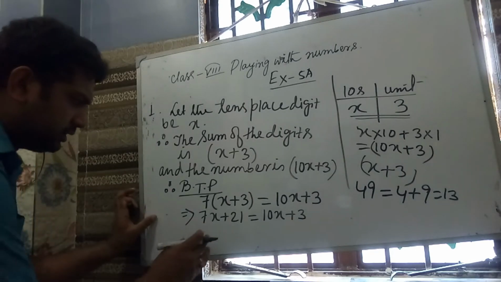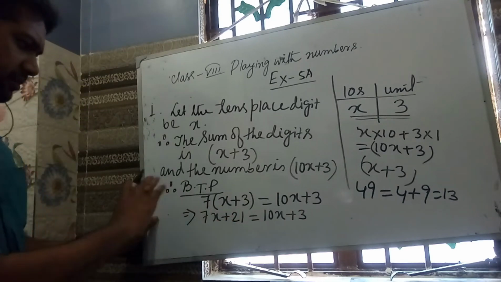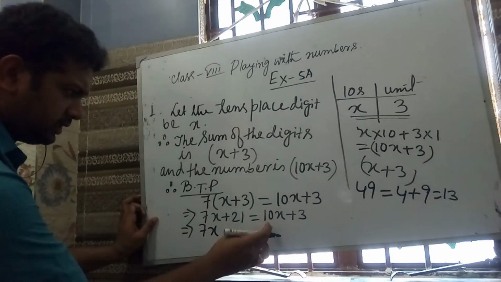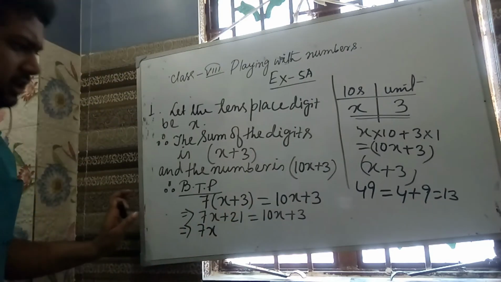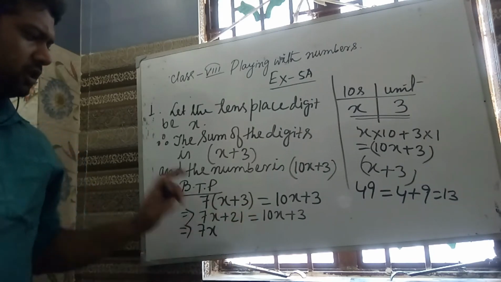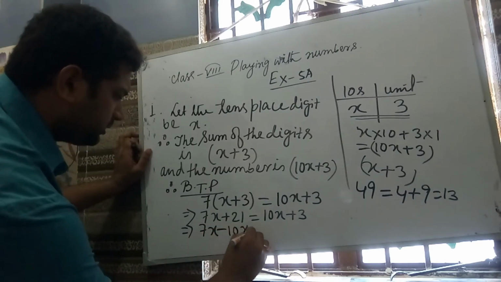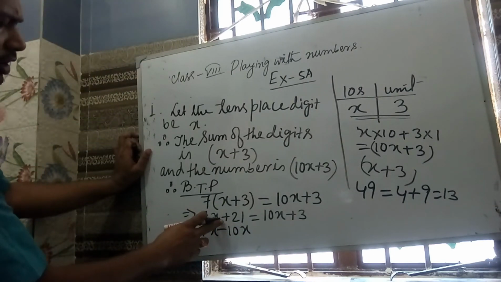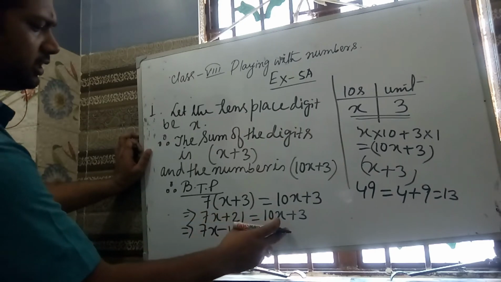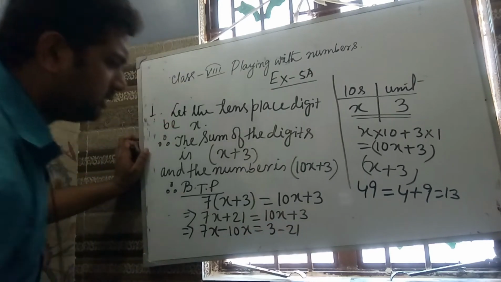Next step, take the terms containing x on the left hand side. So it will be 7x. This 10x is plus, it doesn't have any sign over here, that means it is plus. So when it changes the side, it becomes minus 10x. Similarly, when plus 21 comes to the right hand side, it becomes minus 21.